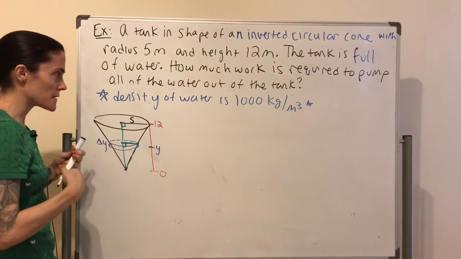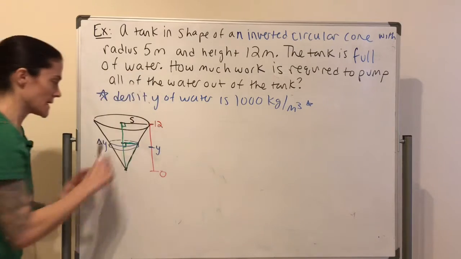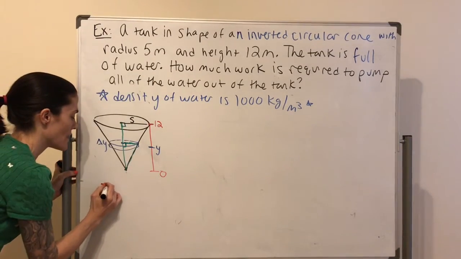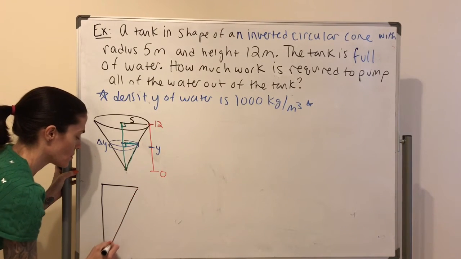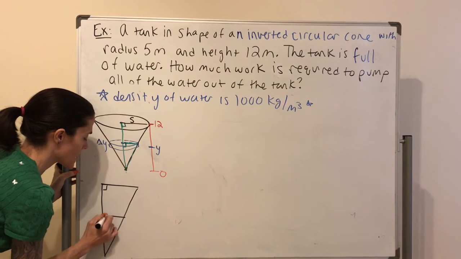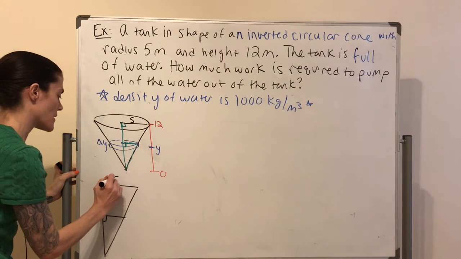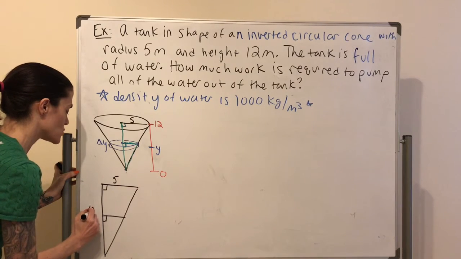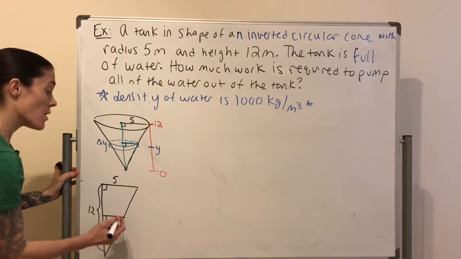So let me just draw this picture, maybe below, not sitting inside the cone. We have these similar triangles like this, and sitting inside of it is like this. And this length is 5. This big length is 12. And what else do we know?